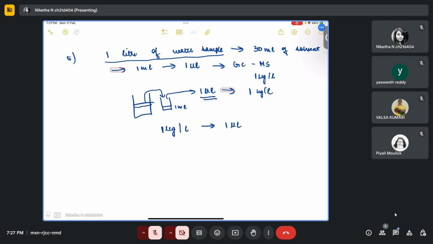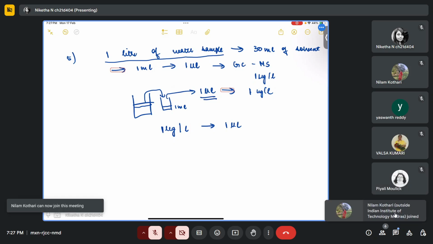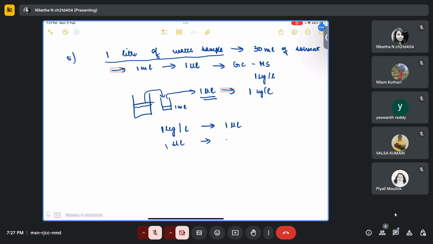And if we determine how much mass is there in this 1 microliter, so in 1 microliter, how much mass of the analyte will be there? For that, we have to take this concentration, 1 microgram per liter. Since they have given it in units of microgram per liter, we will convert it to microgram per microliter.